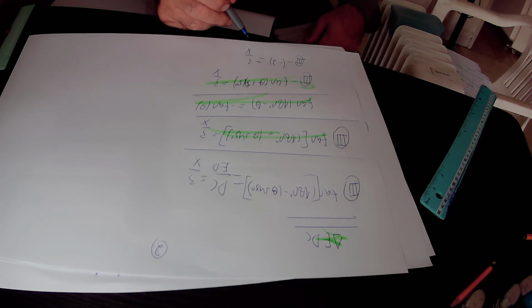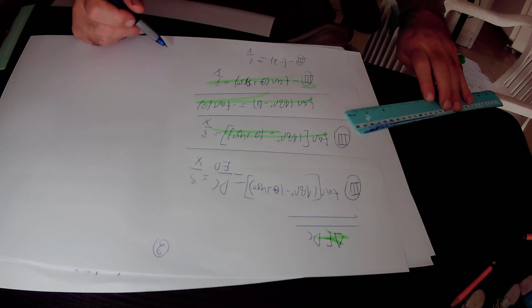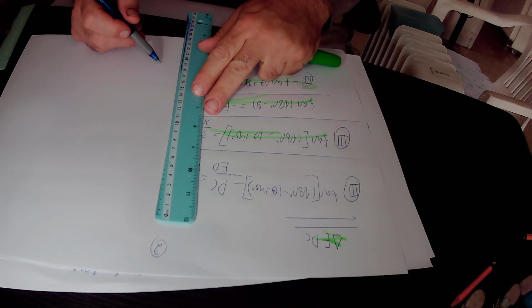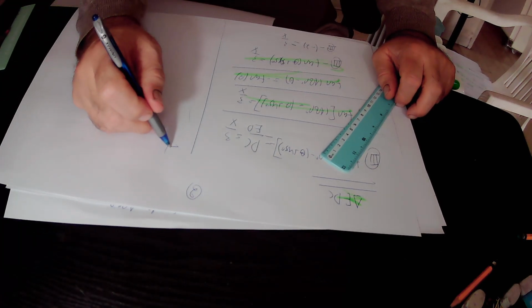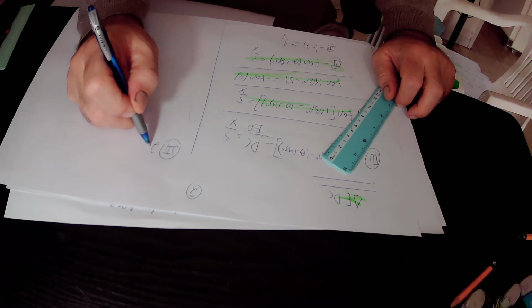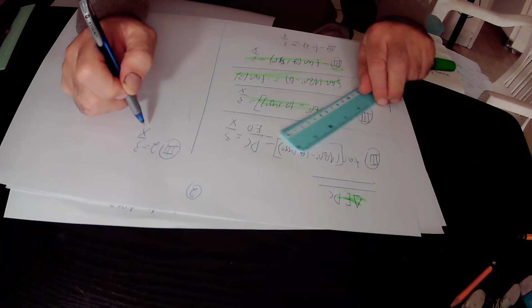Minus times minus is plus, so we found that 2 equals 3 over x.